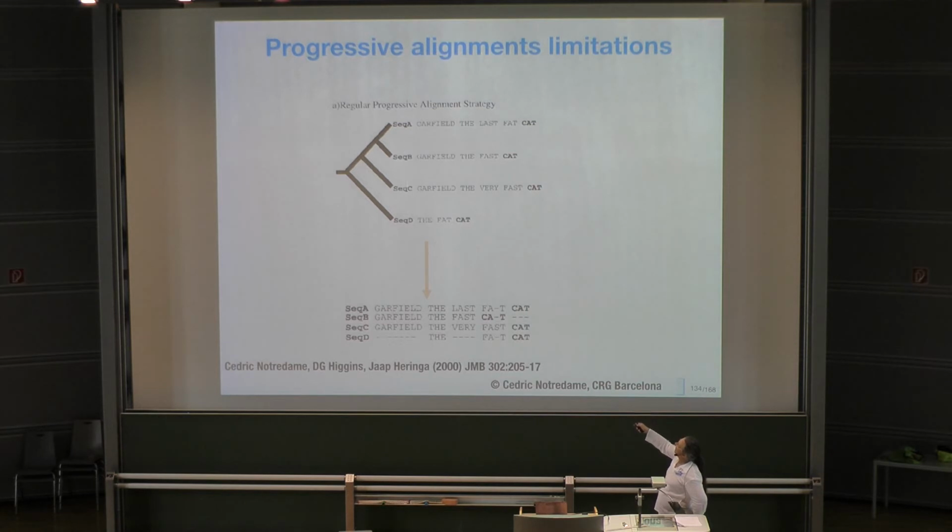In this particular case here, we have 4 sequences shown, and that example is from Cedric: Garfield, the last fat cat; Garfield, the fast cat; Garfield, the very fast cat; the fat cat. Those are the 4 alignments here.